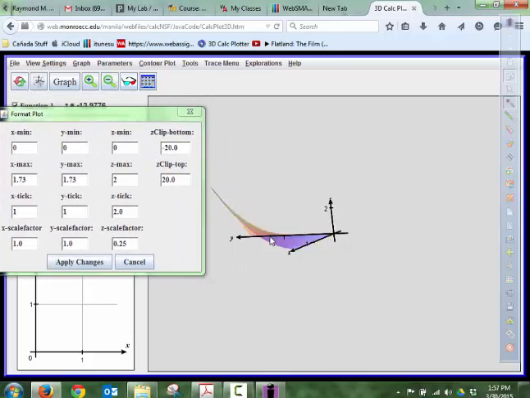So this is how it would look, but what we have to imagine is that it's being cut by a cylinder.